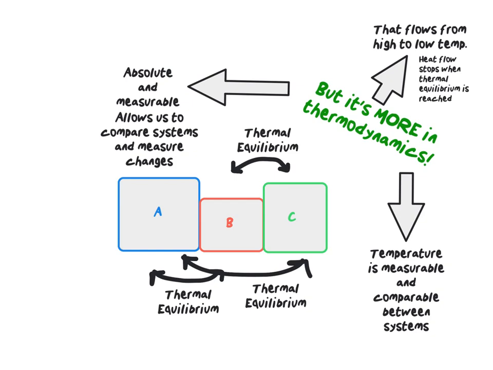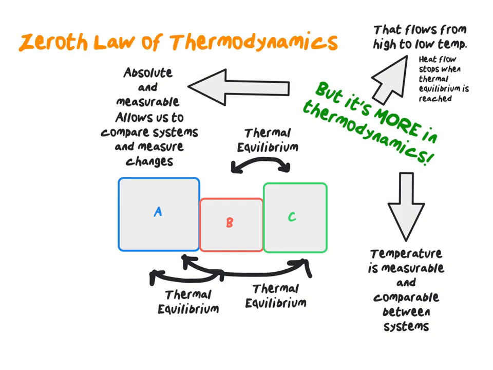This law became so fundamental that it became known as the zeroth law of thermodynamics. Now, you might be wondering, why is it called the zeroth law? Well, there were already 3 laws of thermodynamics that were established. We're going to unpack several of them in this video series.